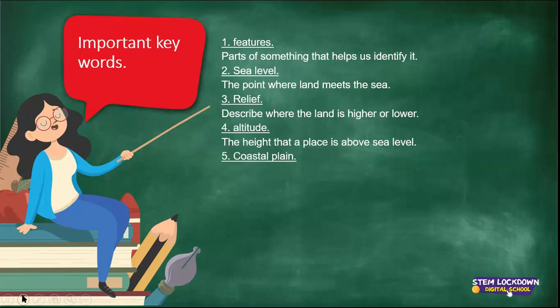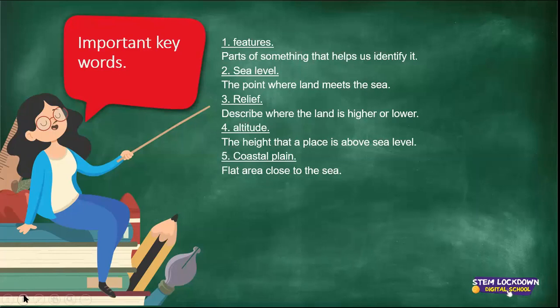And we also have the coastal plain. The coastal plain is a flat area close to the sea. If you have been at the sea before, it's where the land meets the sea. The coastal plain is also known as the sea level.